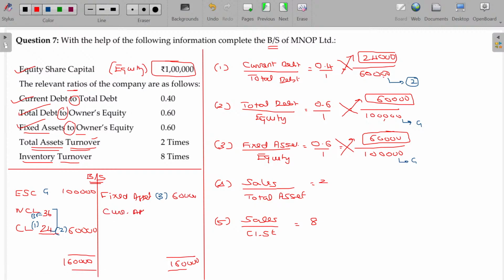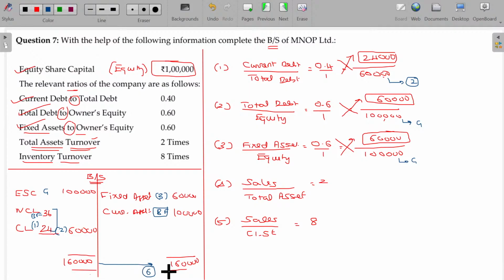Current assets 1 lakh. How do we calculate? Balancing figure. Is that okay? Now the total assets we calculated from here to here, working note number 6.